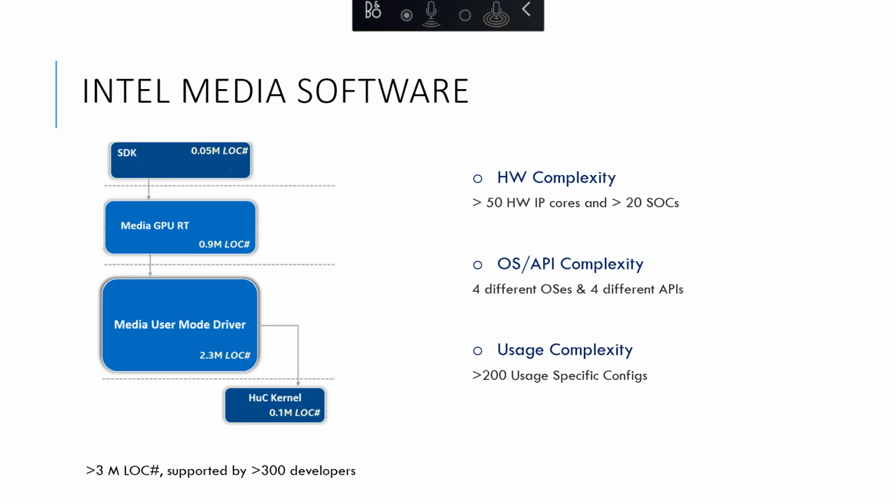Now we need to support 4 different OSs and 4 different APIs. Then the third is about the usage complexity. Now in our portfolio, there are over 200 user-specific configs. All those configs will be connected to some specific usages, but finally, they need to be reflected in our source code. So all those kinds of complexity will lead to the delivery cost increase in our software development.